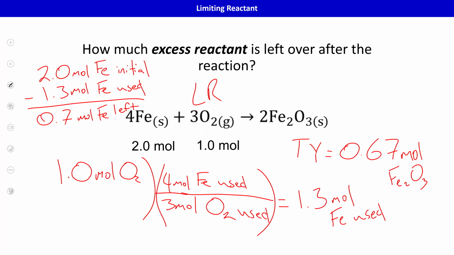It's literally the same math and the same logic as making a bunch of food for people. It's just that when we call it iron and oxygen and iron 3 oxide instead of hamburgers, it looks intimidating. Don't let it intimidate you, it's the same thing.